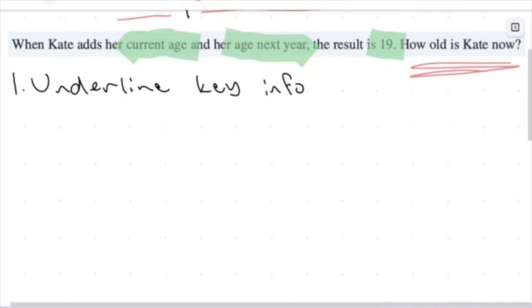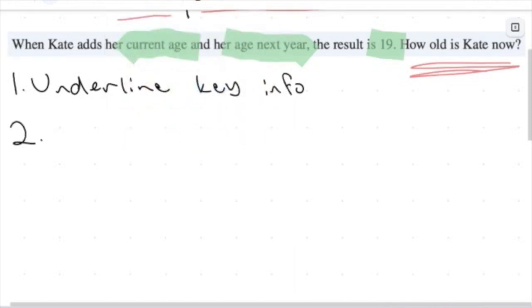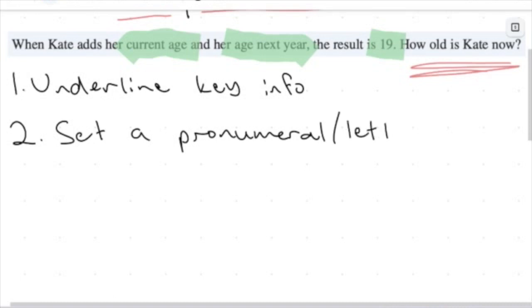So step 2, we are going to set a pronumeral, some of you may know this as a letter, for the unknown in the question.